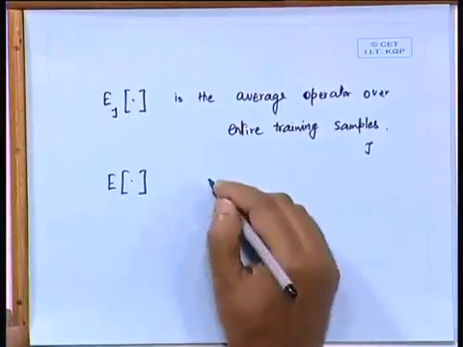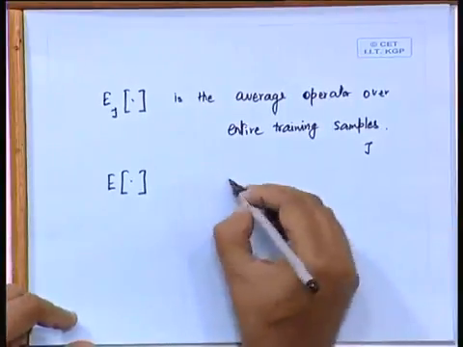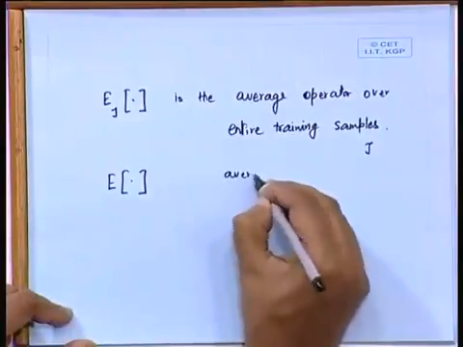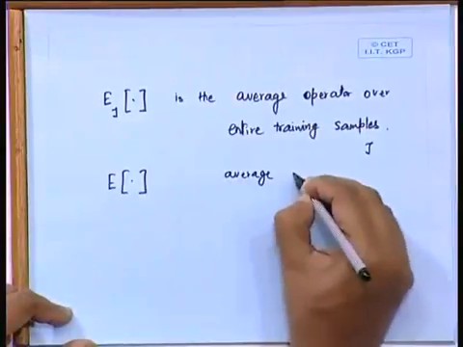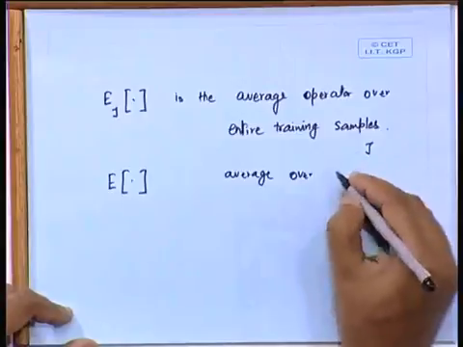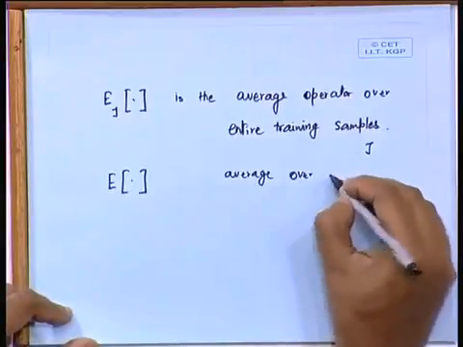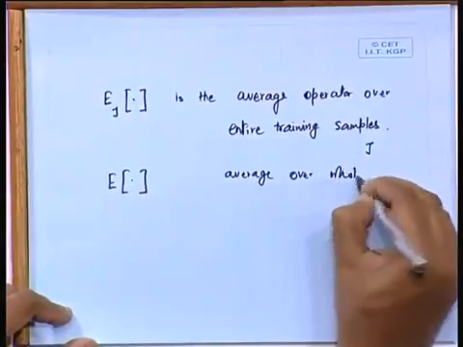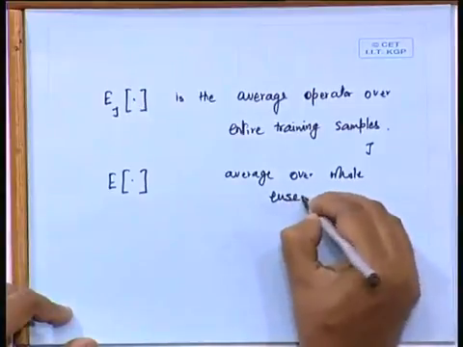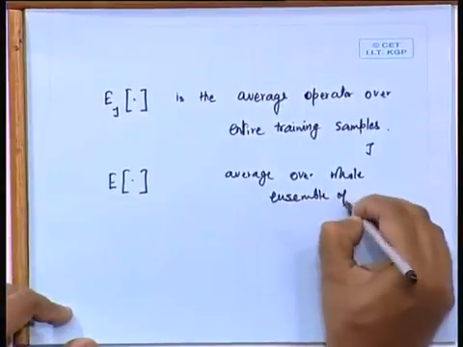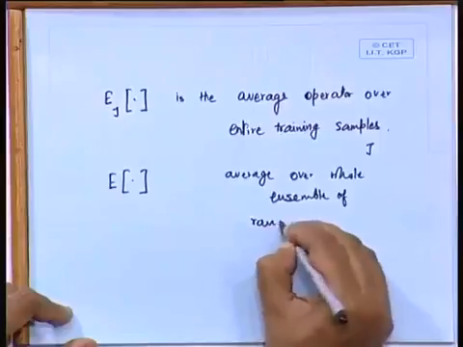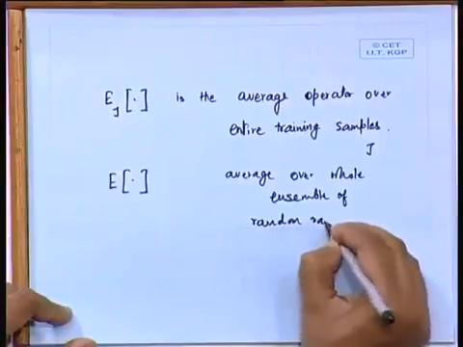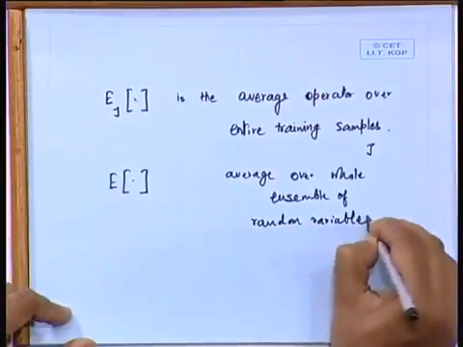What is the E operator? The E operator is the average over the whole ensemble of random variables. What are the random variables under consideration?